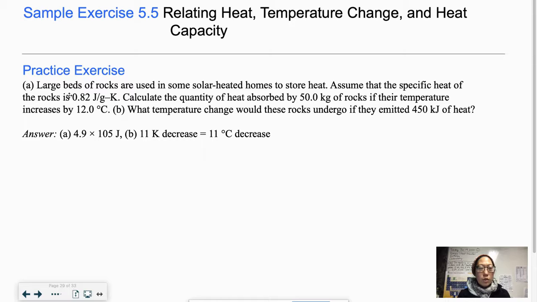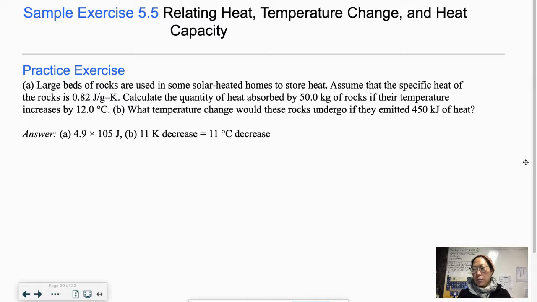It's actually significantly smaller than water. Water has a specific heat of 4.184, and rocks have a specific heat that varies, but about 0.8, 1. I don't think that's necessarily intuitive or obvious.